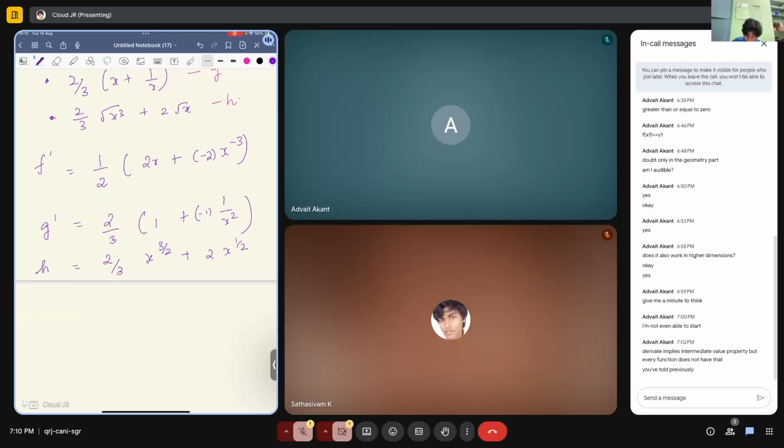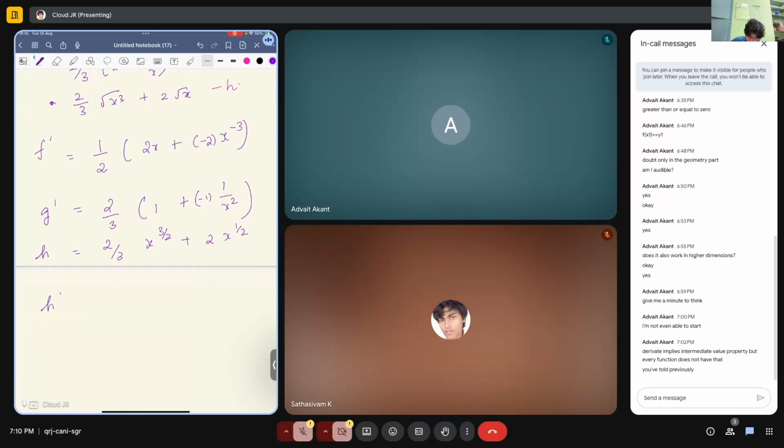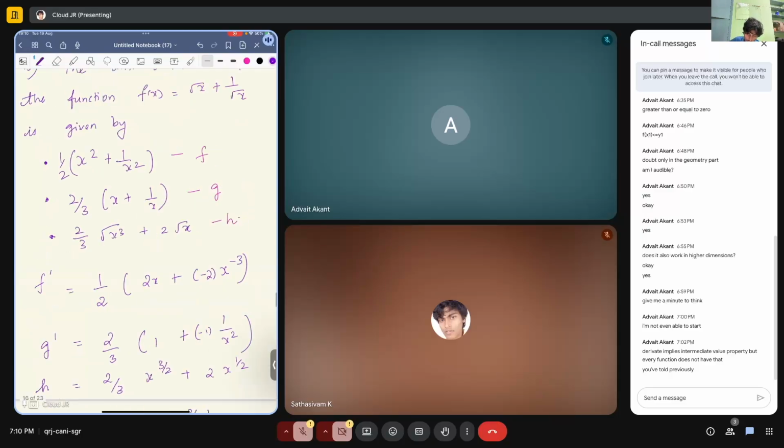So this is your function. Let's take h prime: 2 by 3 and then 3 by 2 you will have, and then x power 3 by 2 minus 1, plus 2 by 2 x power minus 1 by 2. So this is what I have.